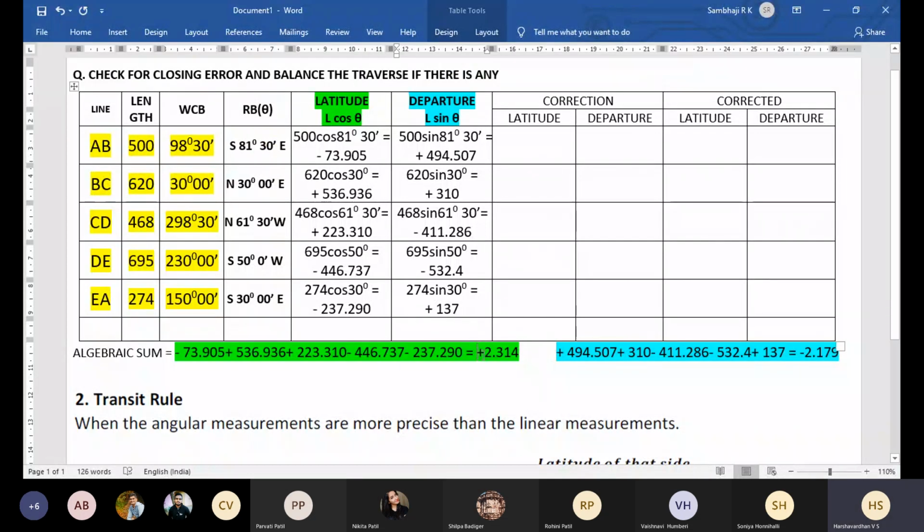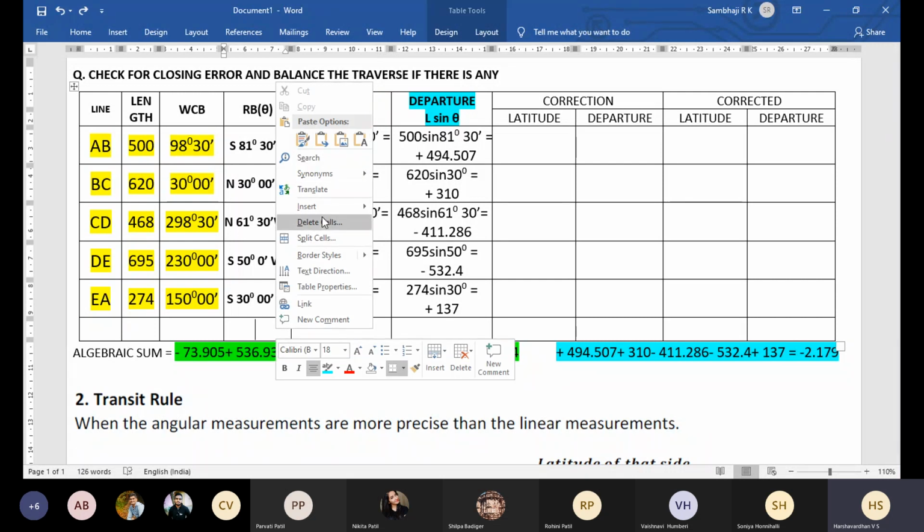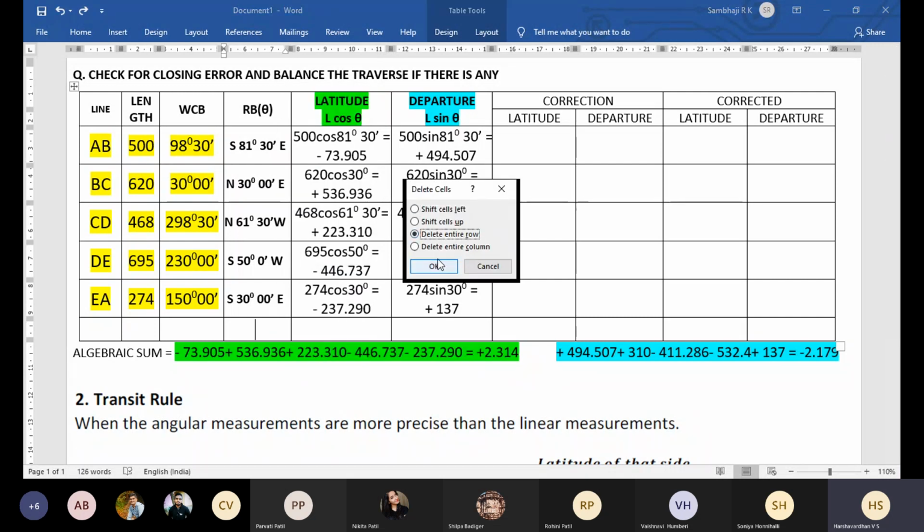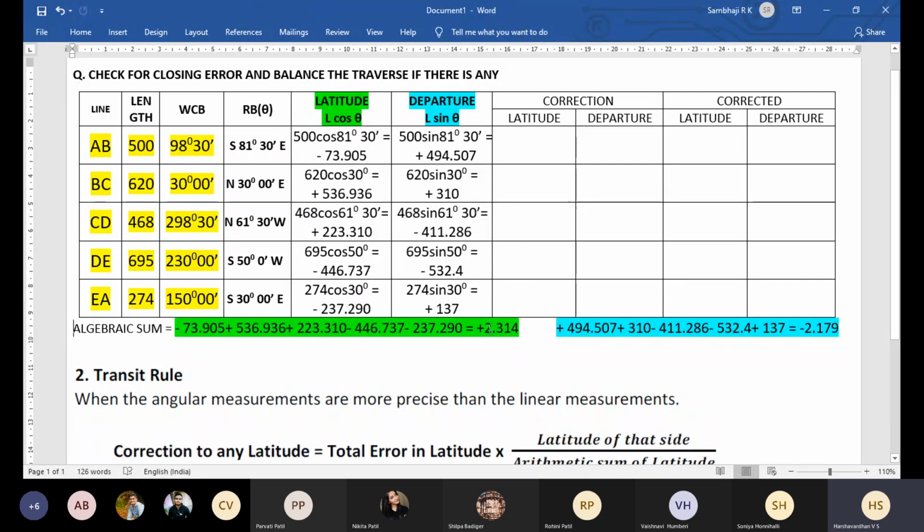So this is the error in latitude, 2.314, and this is the error in departure.